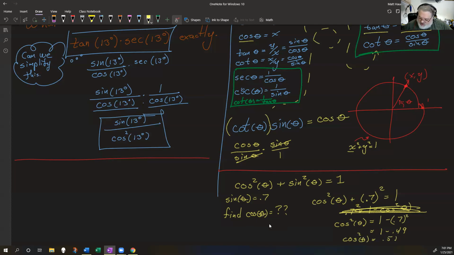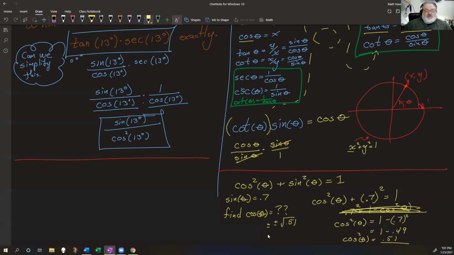So what's the cosine of theta? Plus or minus the square root of 0.51.